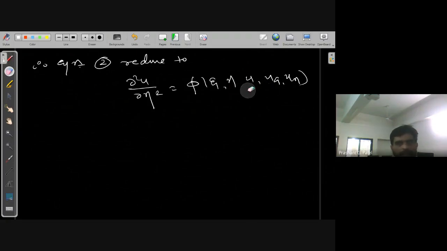So it will be a function of this. Now case number 3, that means s square minus 4rt is negative.